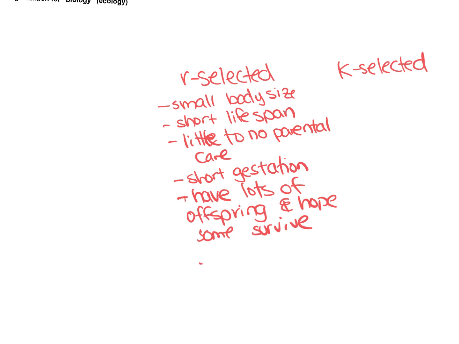So an example, we can say things like fish. Another example would be insects. A mayfly lives as an adult for 1 day. So as soon as they're there, their whole goal is to reproduce because they know at the end of the day, they're not going to be here anymore, right? So they have a lot of eggs and hope that those eggs survive. So we have fish, we have insects, things that are relatively small. What about a plant?